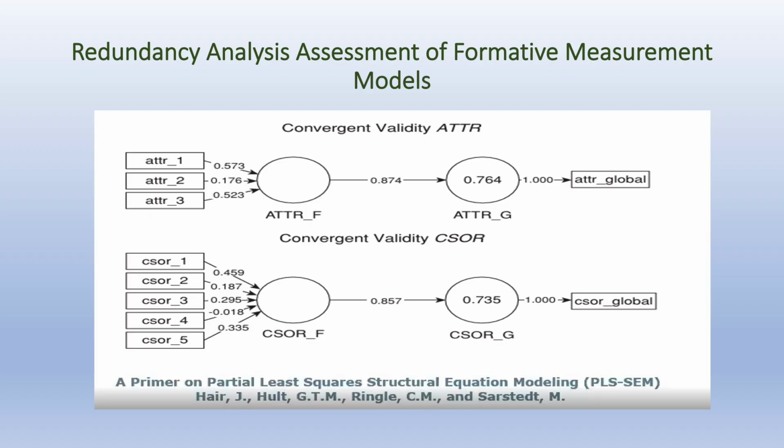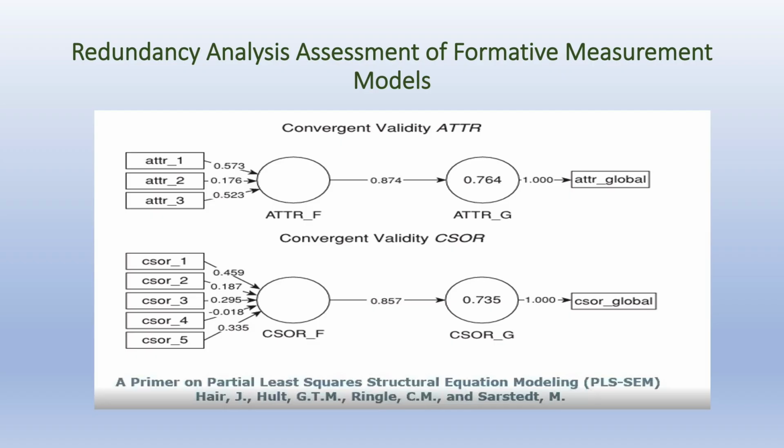A researcher includes a global item, a single direct question, in the survey alongside the formative indicators. In PLS-SEM, this global item acts as a dependent variable, while the formative construct acts as an independent variable.